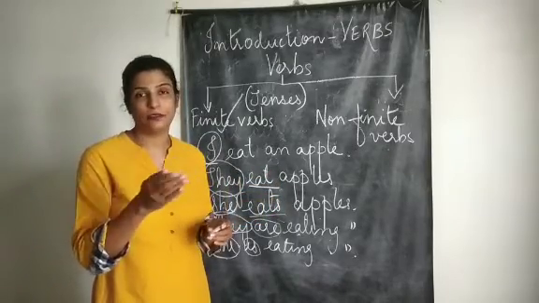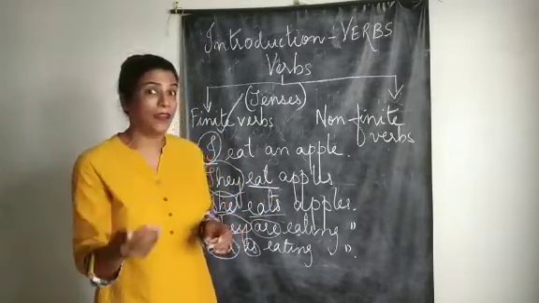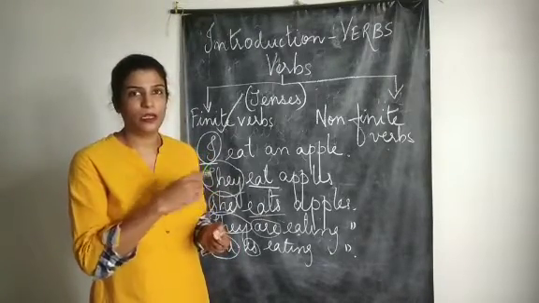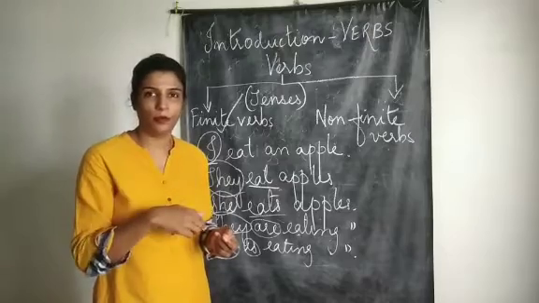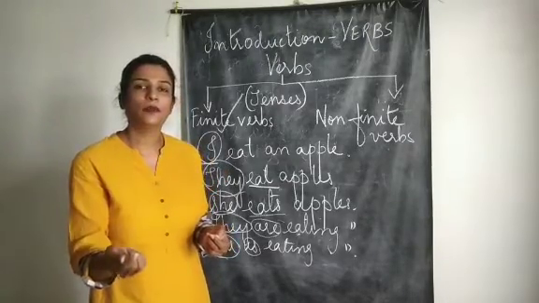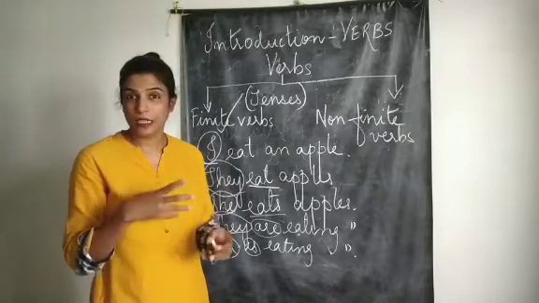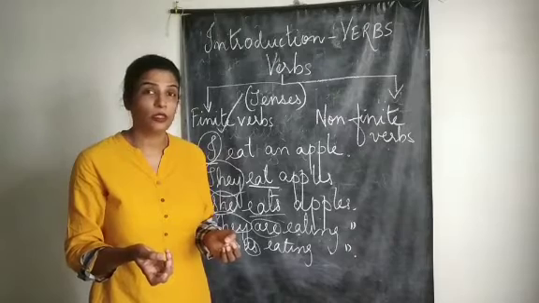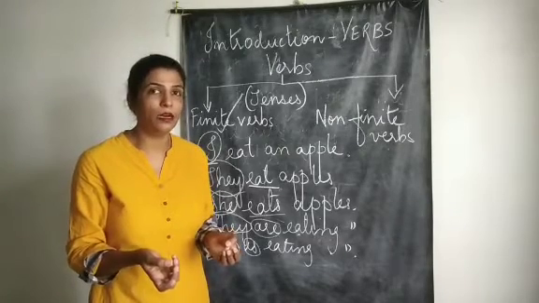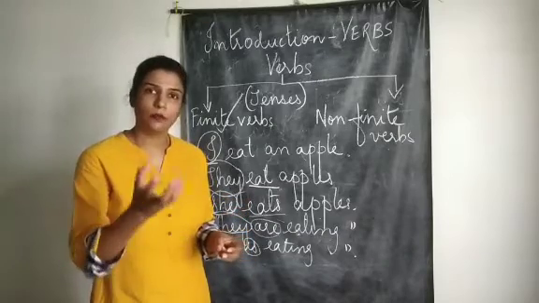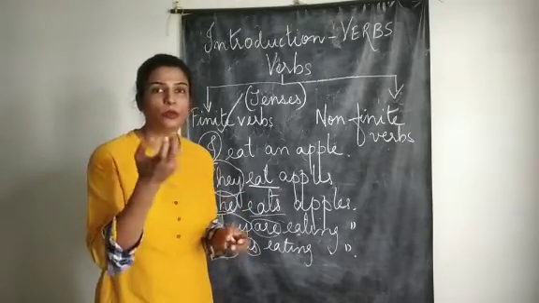Like has will be used for singular, have will be used for plural, is will be used for singular, are will be used for plural, was will be used for singular, and were will be used for plural. So these kind of verbs will change their nature in accordance to the subject's number, and will be called finite verbs because a number is attached to them.